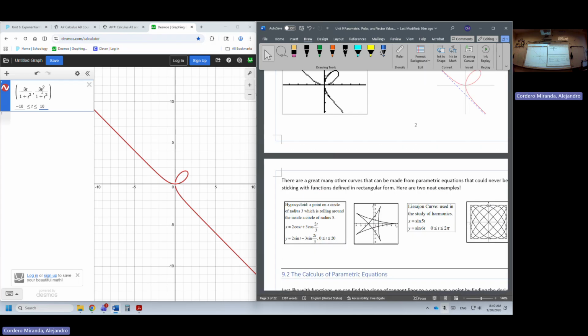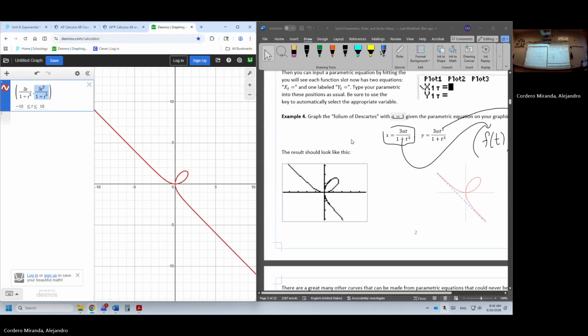So summary, if you want parametric equations, just put in x equation, comma, y equation, and you get it on there. Some of these are more interesting. Look at this one, it's great. Question. What is that A? I don't know.